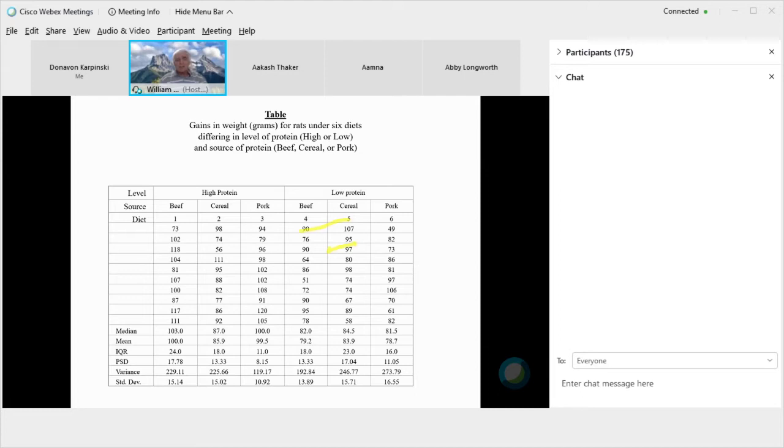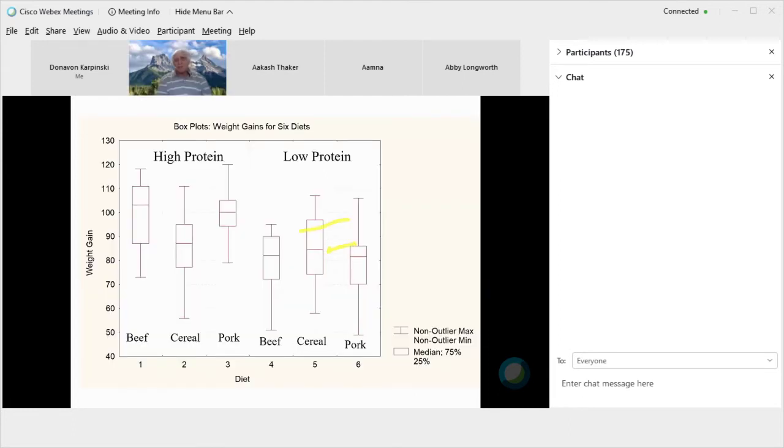The pseudo-standard deviation is just the interquartile range divided by 1.35. The variance and the standard deviation. Comparing the pseudo-standard deviation and the standard deviation, if they're approximately the same, that will be true if the data is normally distributed. There's a graph of the data. There were no outliers in this example.